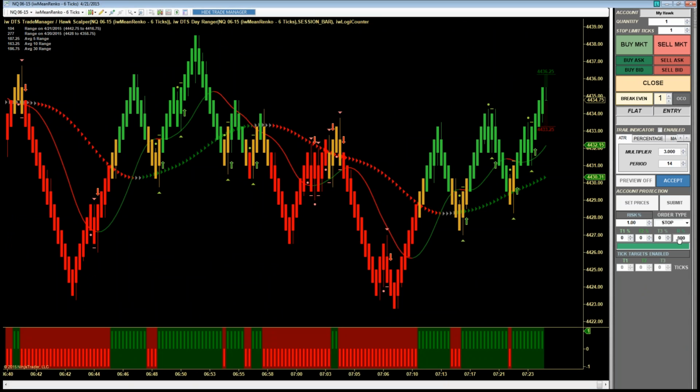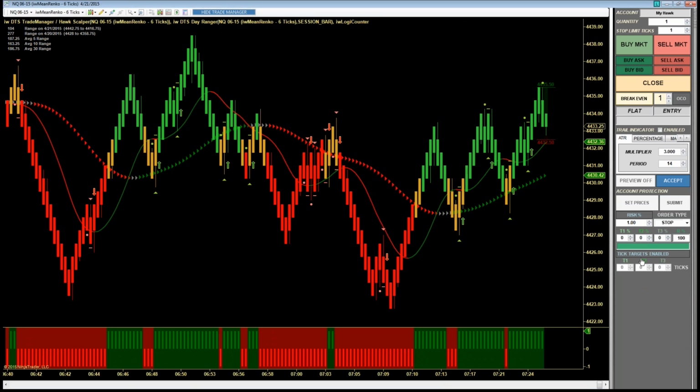Down here on your trade manager portion, you can set your targets, but you need to set them as a percentage. So T1, T2, T3, you can set up to 3 profit targets, and you set them as a percentage of your total position. So if you want to take half off on target 1, you would make that 50%.